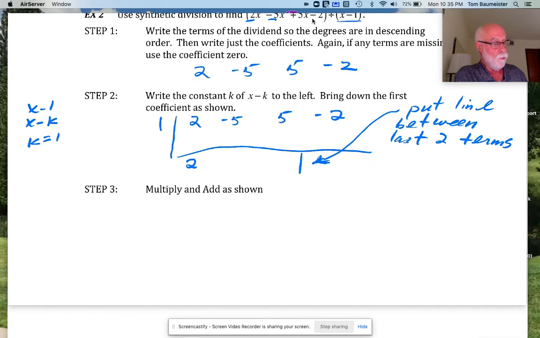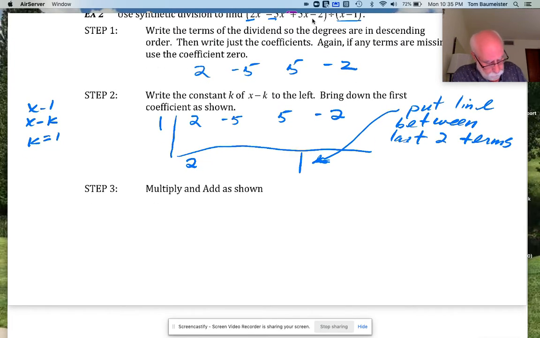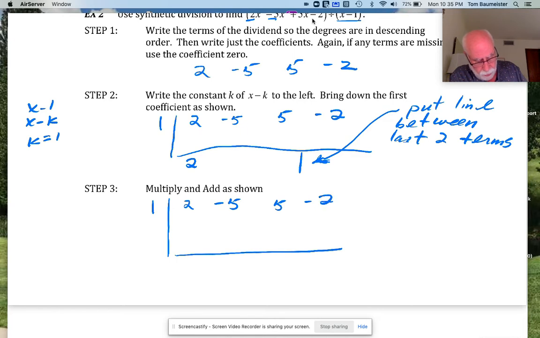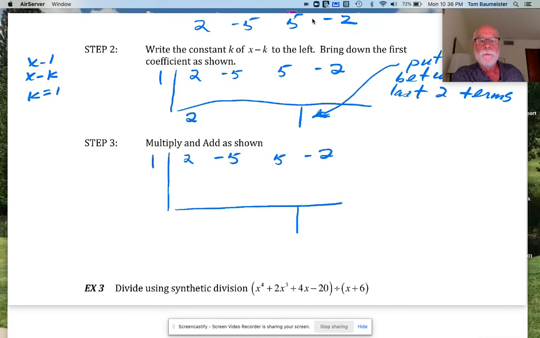I'm going to write it down one more time for you. We have 1, and I have my 2, negative 5, 5, negative 2. I'm going to put that line there.